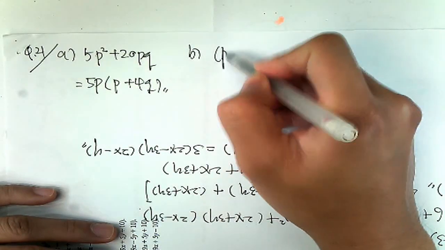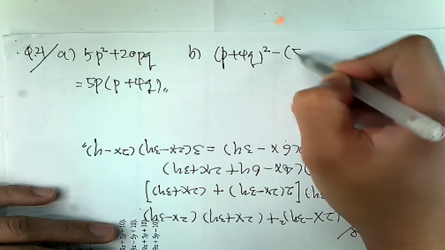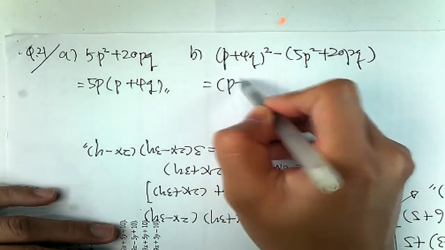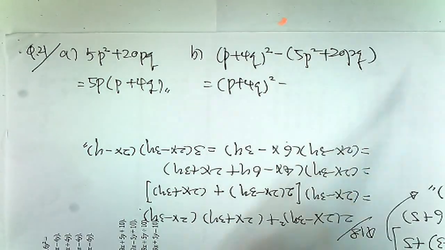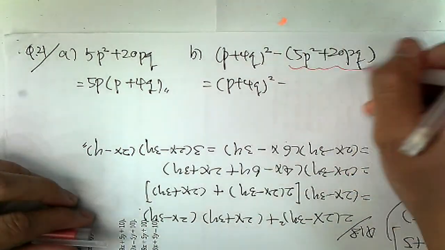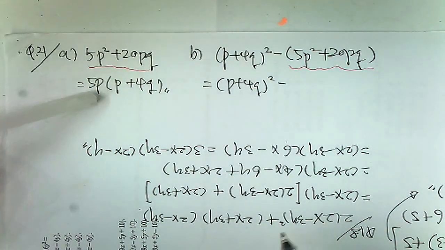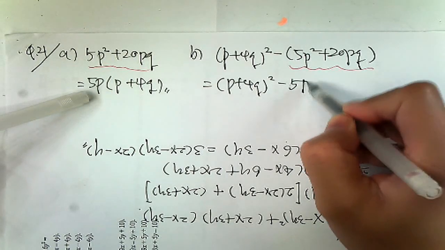copy p plus 4q bracket square minus 5p square plus 20p cube. So keep this. So look at here, actually this big block is this, understand? So it's already do some factorize here, so we just copy the result.